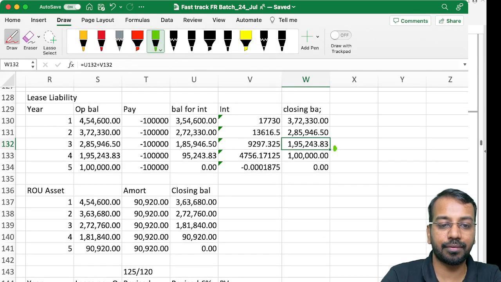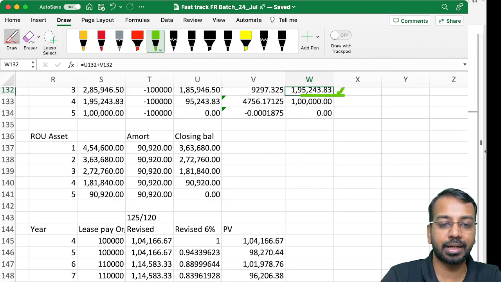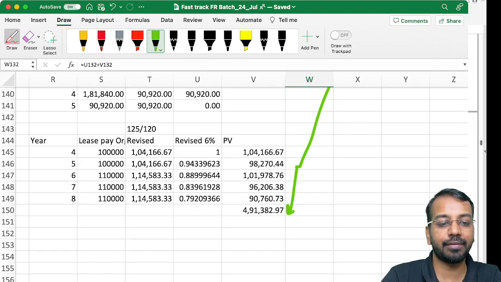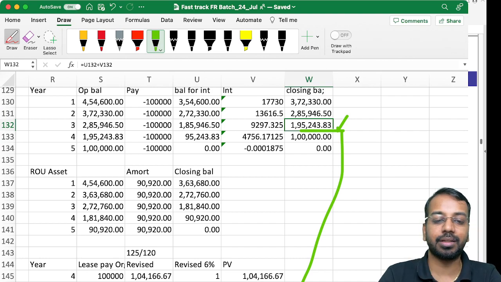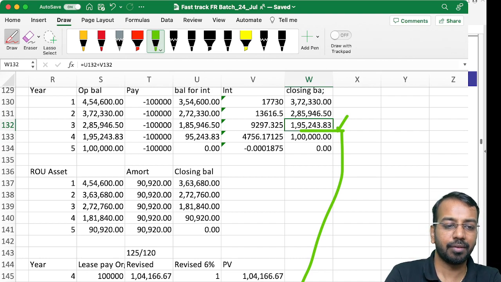You need to compare that 195 with 491,382. 195 is my closing balance at the end of year 3, or opening balance at the start of year 4.